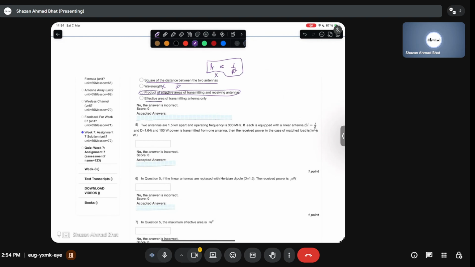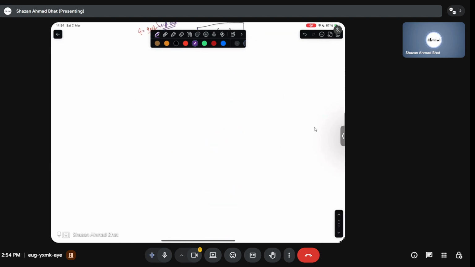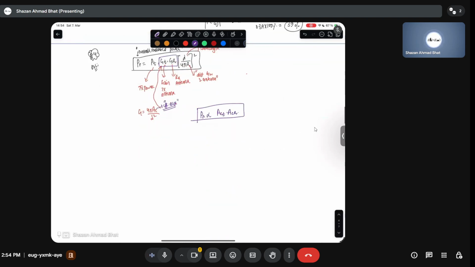Effective area of the transmitting antenna only? Not exactly. It doesn't only depend upon the effective area of the transmitting antenna, but also on the effective area of the receiving antenna. So that is the exact answer to this question: it depends upon the effective area of both the receiving and the transmitting antenna.